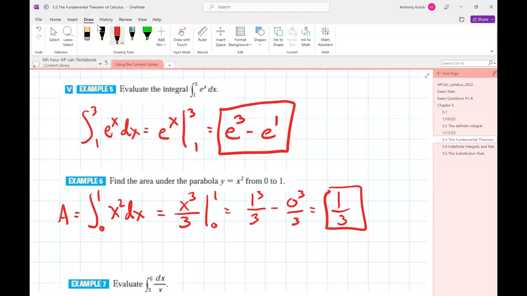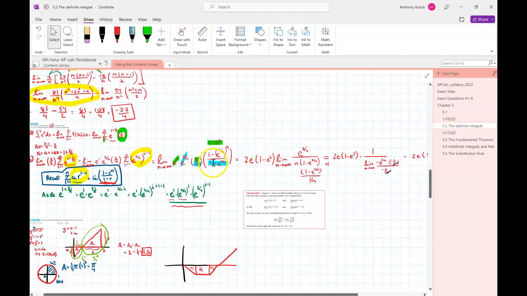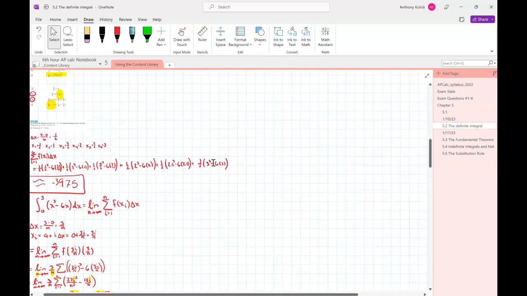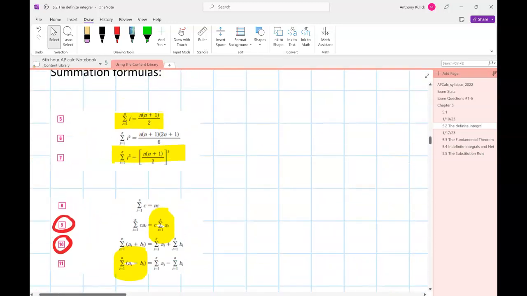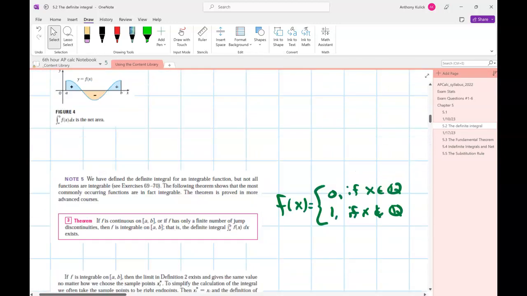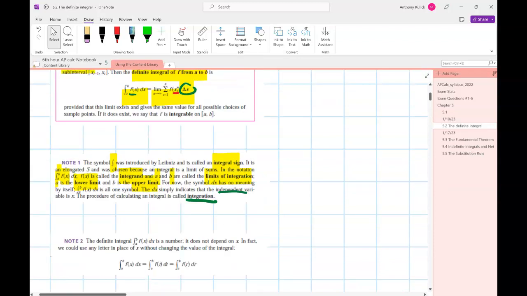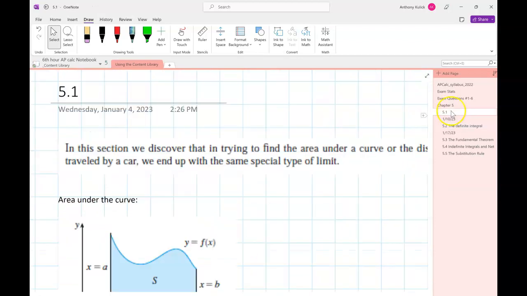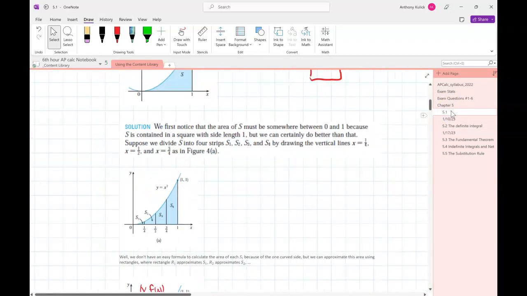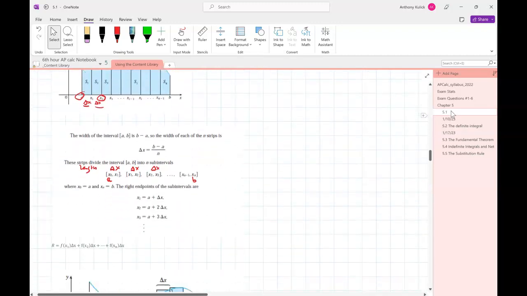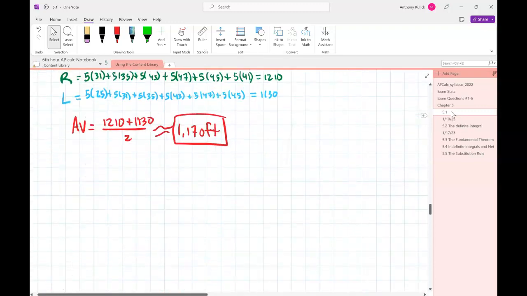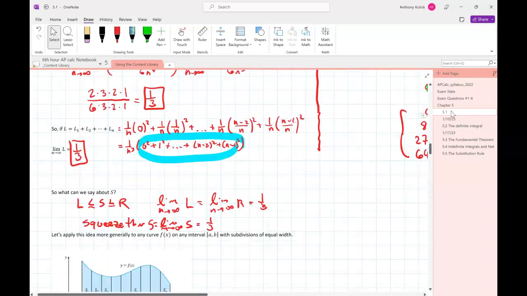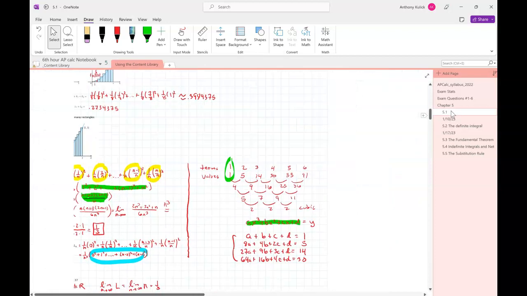Notice this was a problem that we had done before, I think also in 5-2. Let's go back and look real quick. Where did we do this? Maybe it was a 5-1 problem. Oh yeah, I think it was the last thing we did in 5-1. This is it.